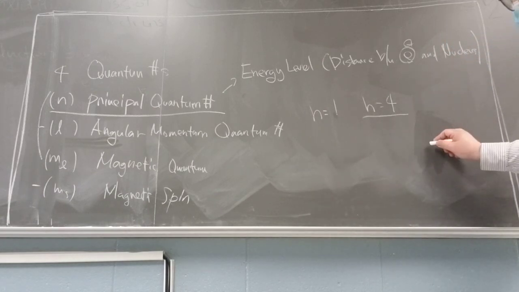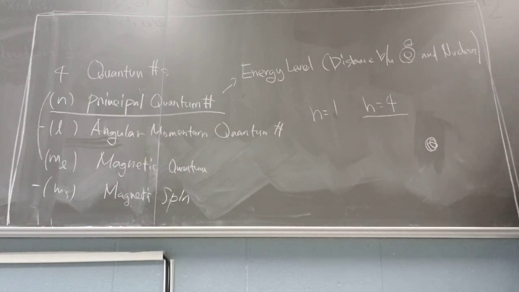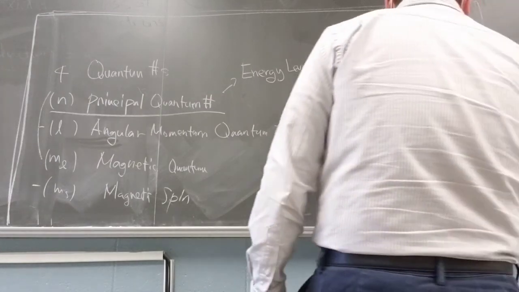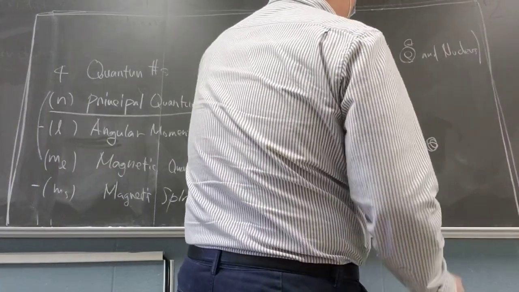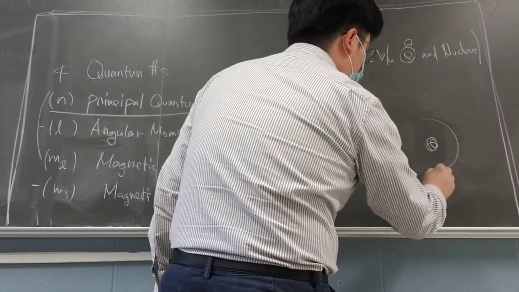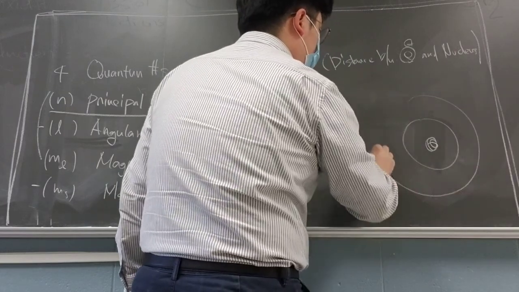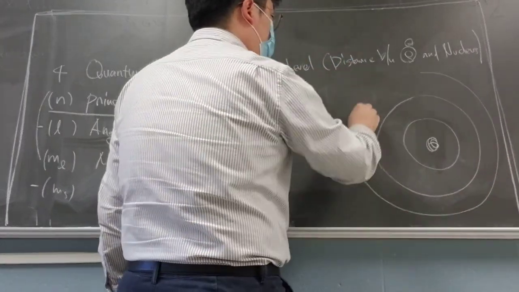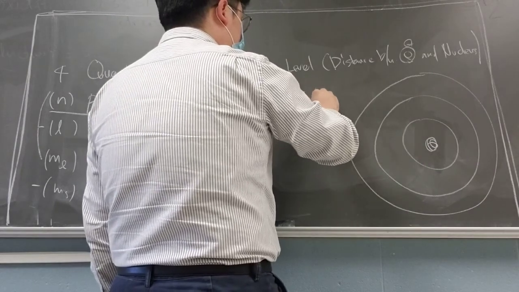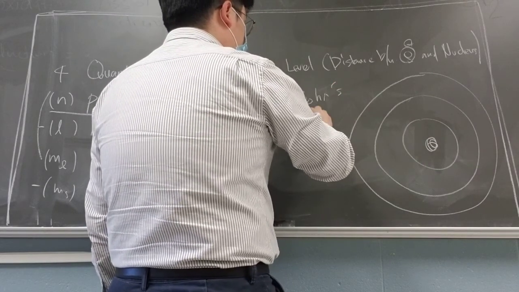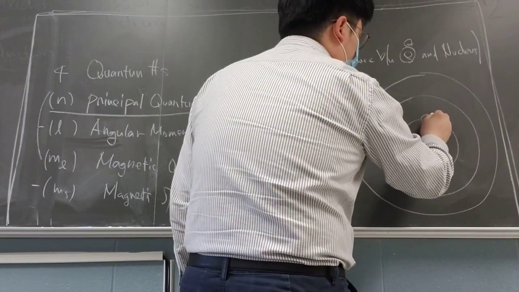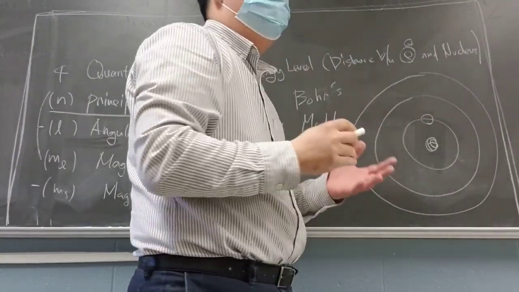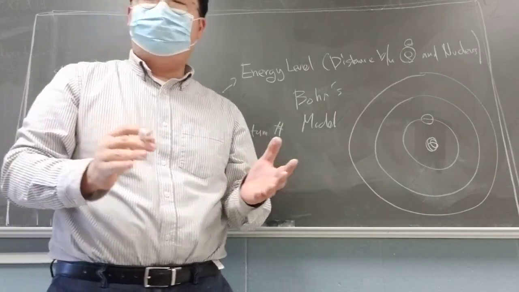So if this is the nucleus at the center, neutrons and the protons, we're gonna use the Bohr model for now. Okay, this is the Bohr model. So you have maybe electrons here, and this is the lowest possible energy level for this atom.